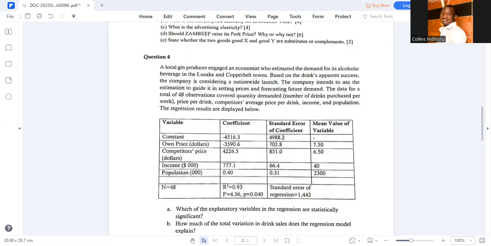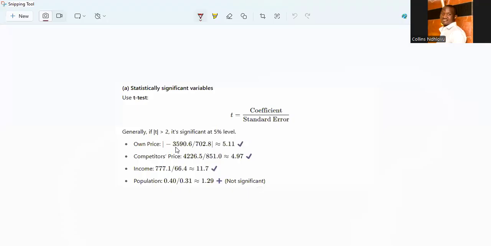So we'll start with the price. On price elasticity, we are dividing 3,500 by 702. We're going to get 5.11. Is it more than 2? Yes, so it's significant. Competitor's price, 4,000 over 800.